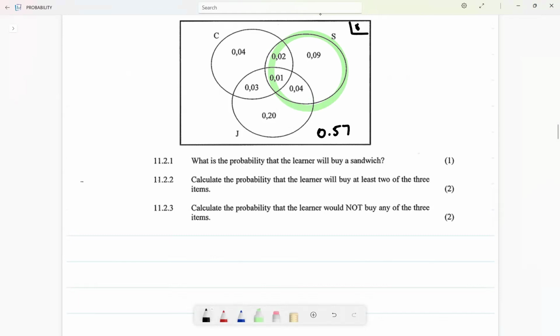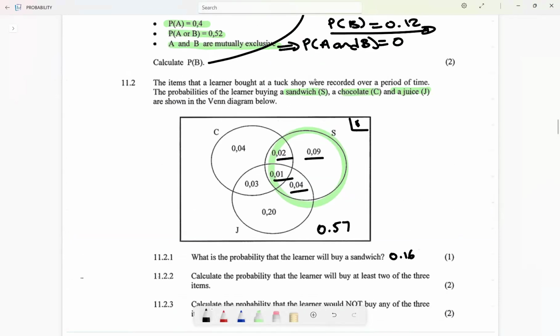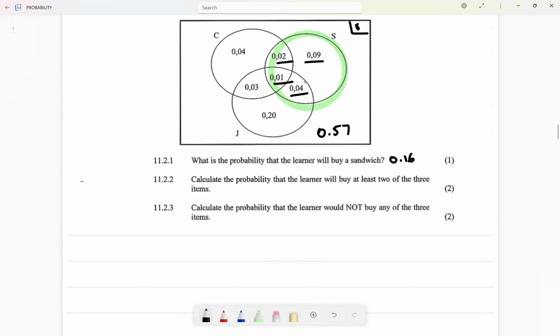You just need to add them. The probability of a sandwich is going to be this plus this, which is 0,1, this plus this, which is 0,16. That's the answer, guys. The probabilities of the learners have already been given to you, so you don't need to divide by anything.